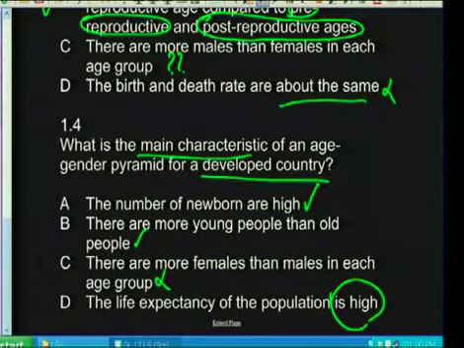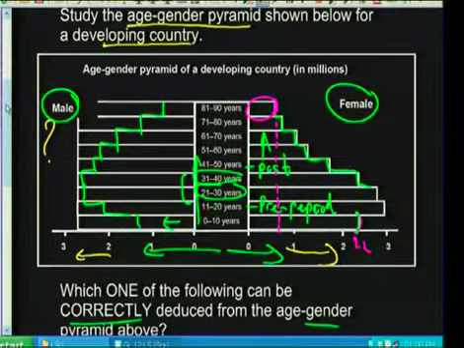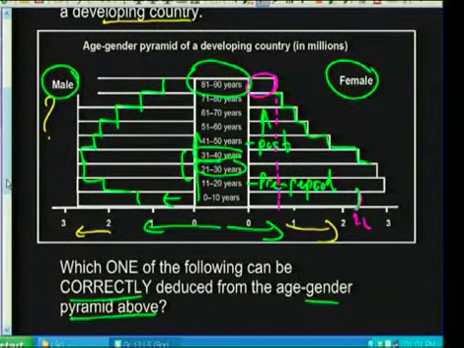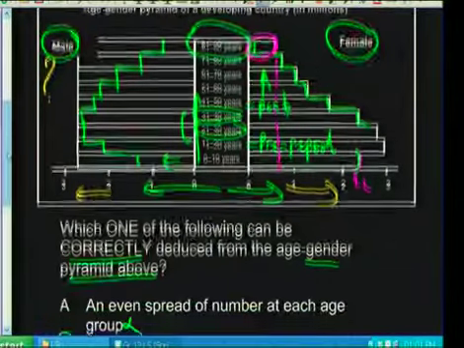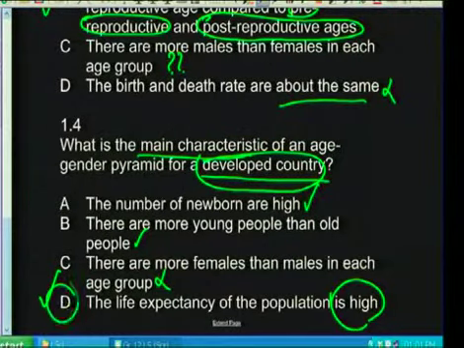Okay, so in a developing country, guys, we would expect the life expectancy of the population to be high, which simply means that if we look at this graph, we clearly see that the life expectancy of individuals as we get to 81 and 90 is much higher as compared to a population where the number of individuals that survive the post-reproductive age decreases drastically. And hence the answer for this would be D.